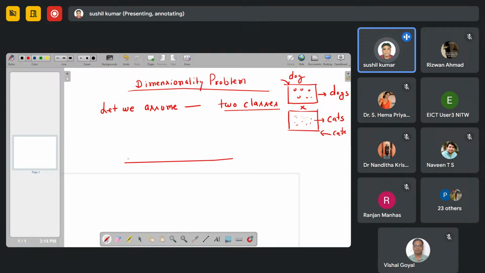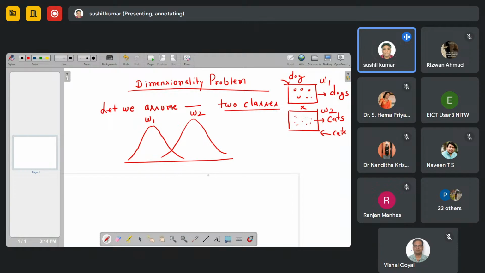So suppose one class is omega 1, for dogs, and another is omega 2, related to cats. You need to identify which class the image belongs to.